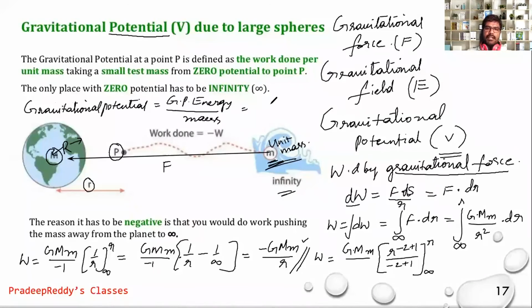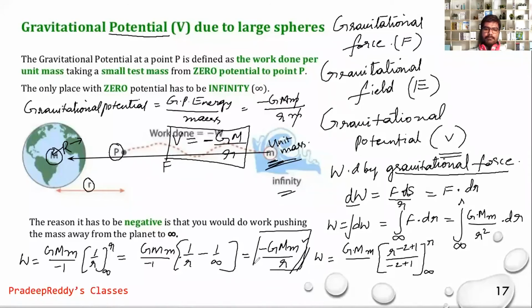That is written as minus G M m divided by r into, this mass is m, and m gets cancelled. So I can write gravitational potential V is equal to minus G M divided by r. This is the equation for gravitational potential. And this is the equation for gravitational potential energy.